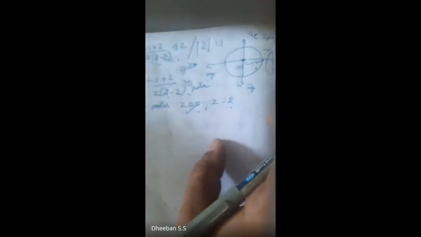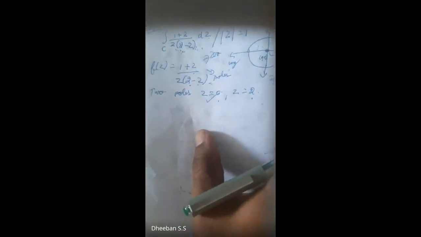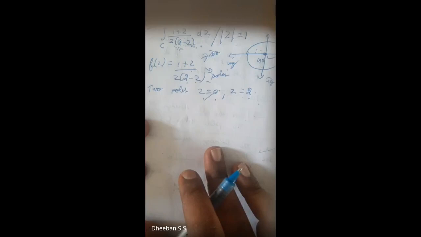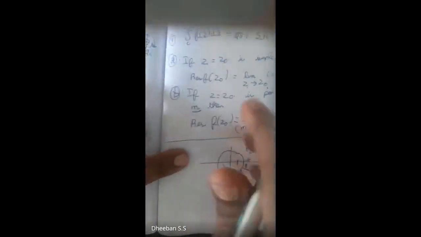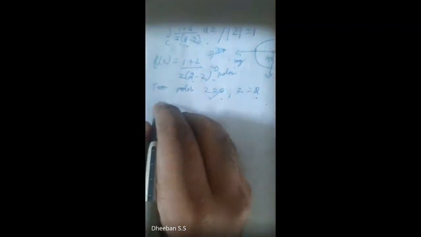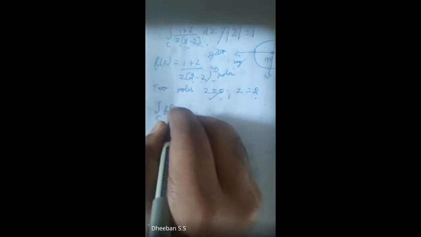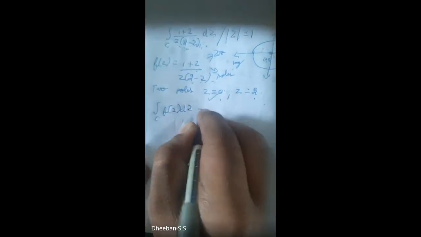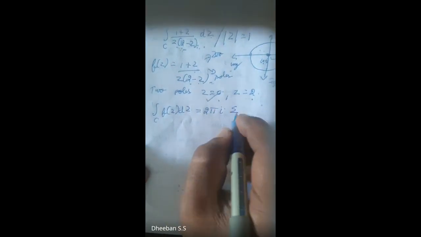Now you have to apply the formula. Generally the formula is the integral of f of z dz equal to 2 pi i into the sum of residues.